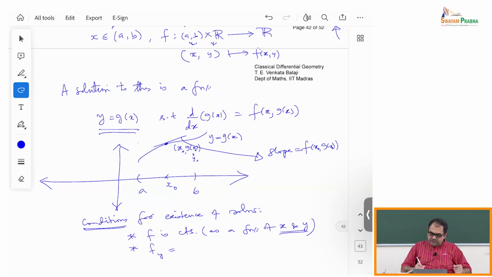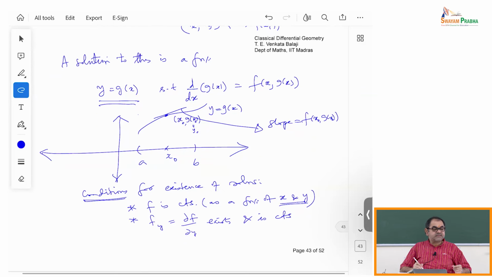Then the other condition I want is some condition on y, and usually this condition is that the partial derivative of f with respect to y exists and is continuous. So you see f_y, which is ∂f/∂y, exists and is continuous. You need this, okay.